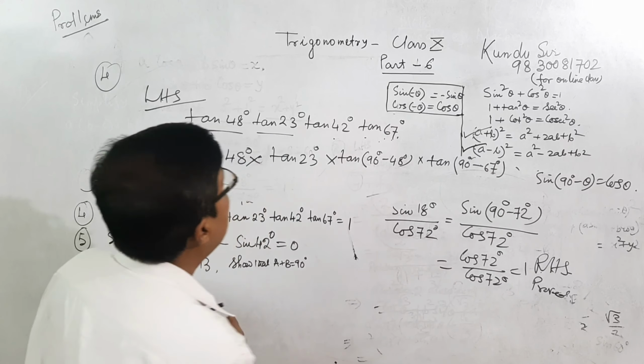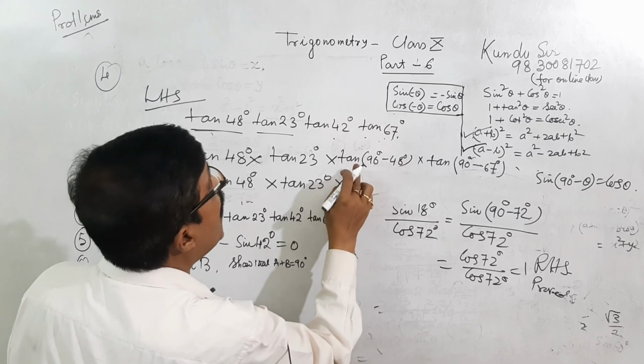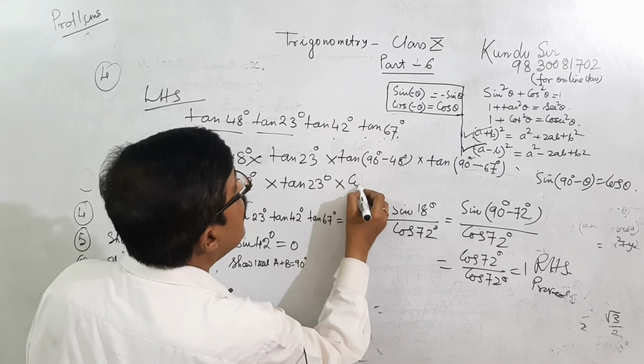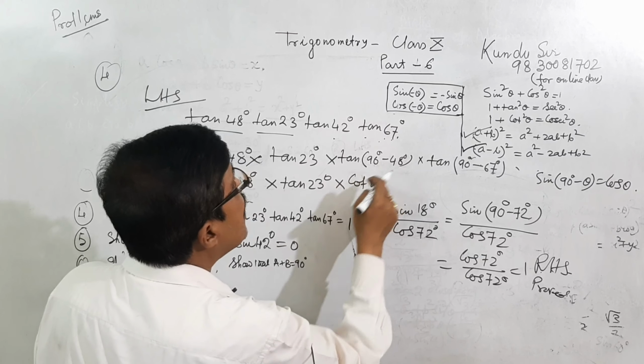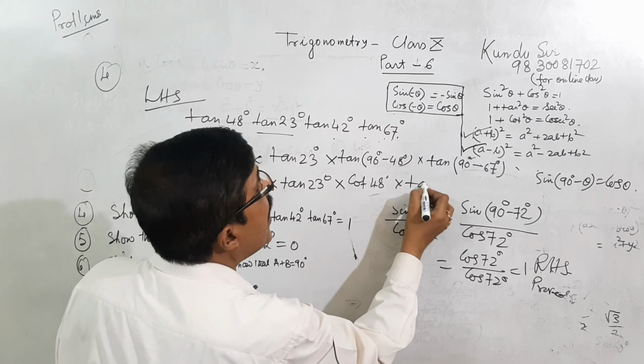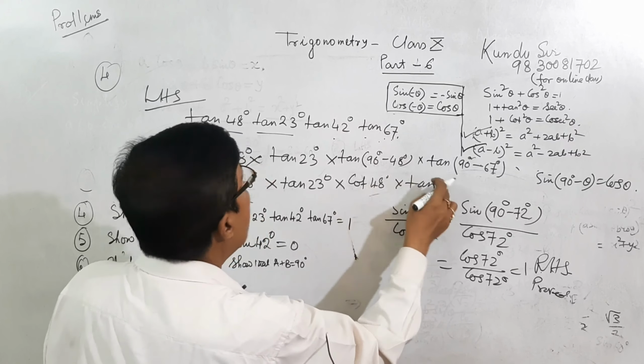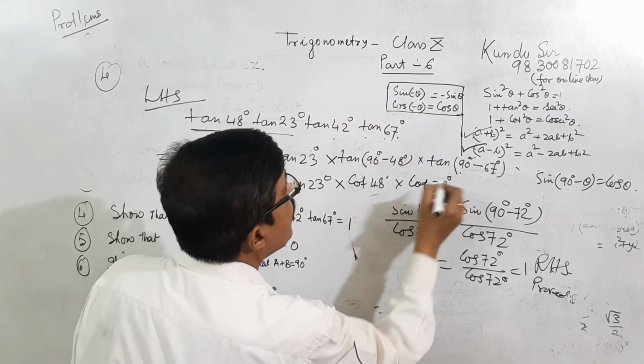So tan 48 degree into tan 23 degree into cot 48 degree, since tan 90 degree minus theta is cot theta, into cot 23 degree.